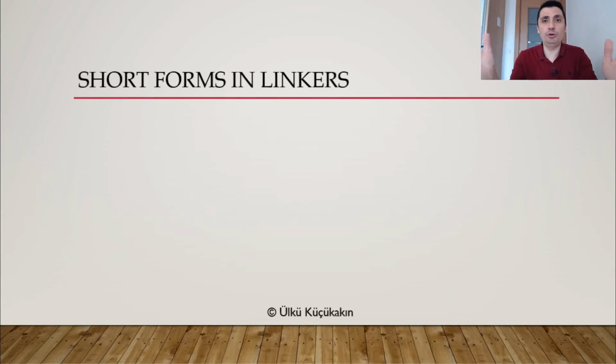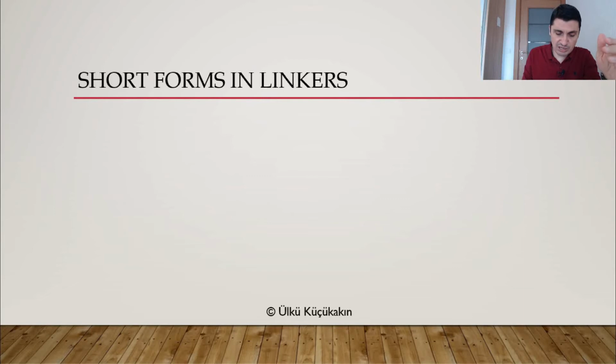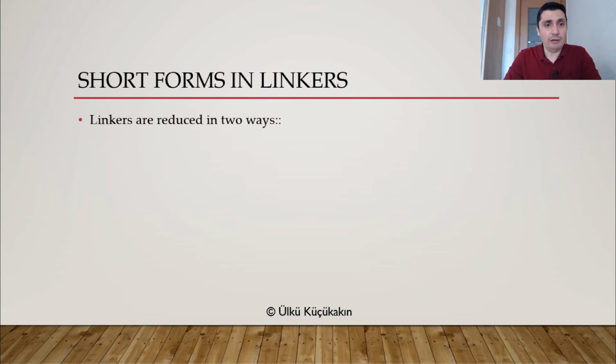But if you want to go to a grammar book and follow from there, you need to see present and past participles topic in the book. So after this explanation, I want to start with the short forms in linkers. Now, linkers are actually reduced or made shorter in two ways. All right. So firstly, we have linker plus verb ing reduction.